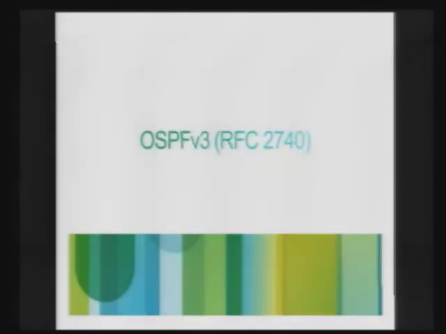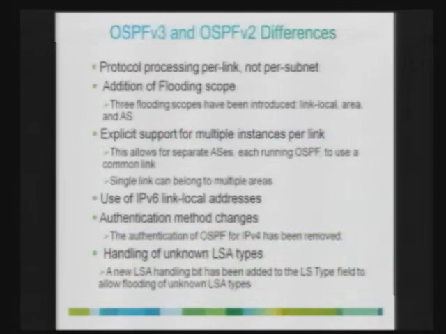Moving on to OSPF v3. These are some of the key differences between OSPF v3 and OSPF v2. We do know that in the IPv4 world with OSPF v2, the protocol processing is done on a per subnet basis. If you have multiple subnets configured on a link, whether it is a directly connected link between two routers or a multi-access network, then you can have adjacencies formed separately corresponding to each subnet.